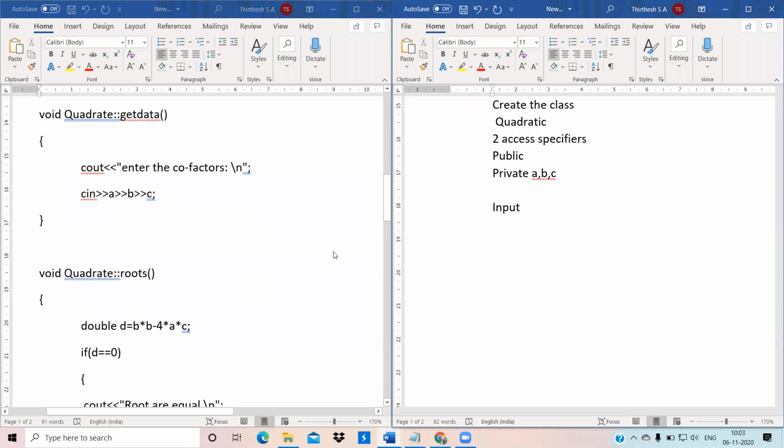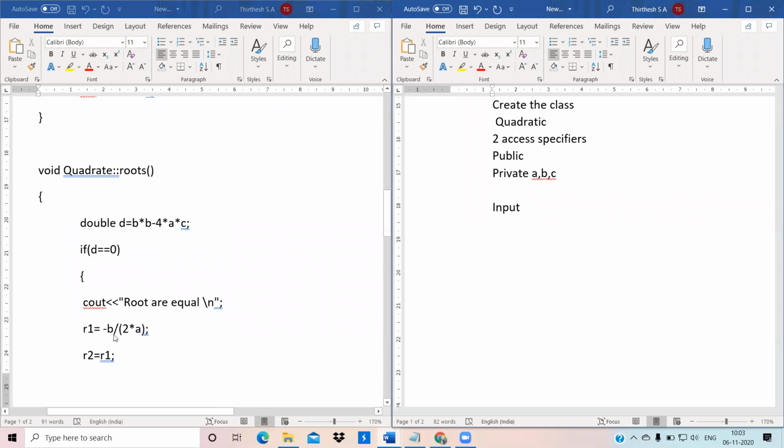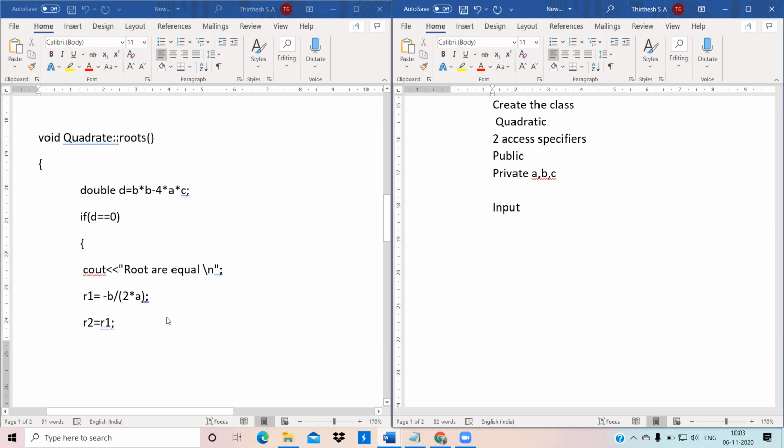Now you are going to check for the roots.